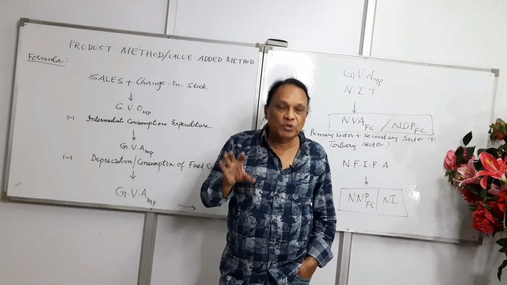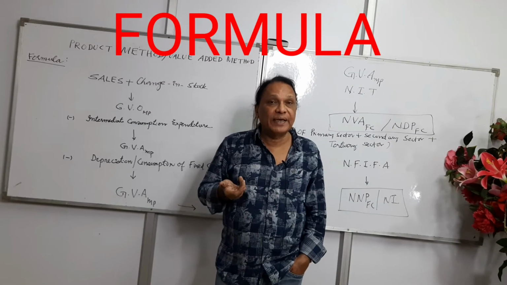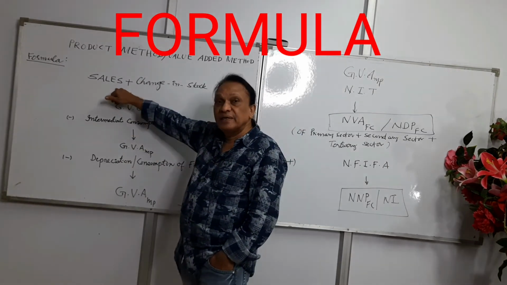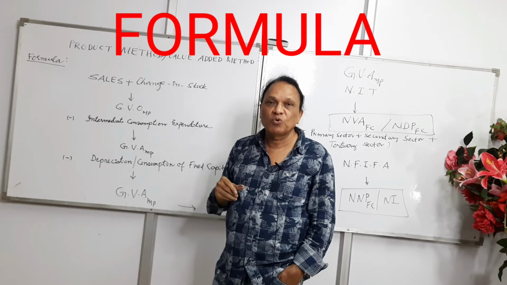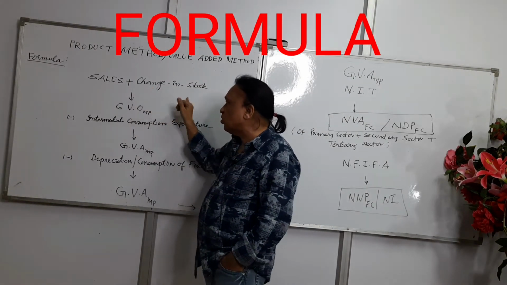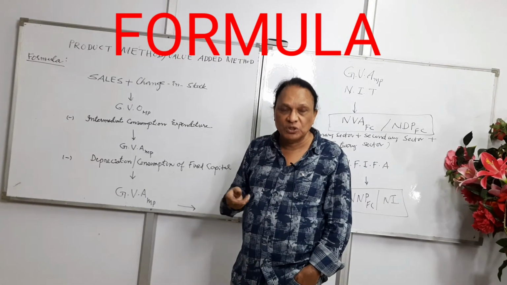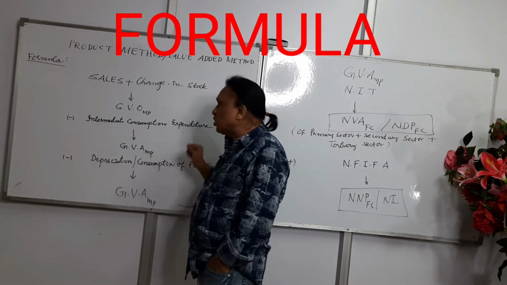In case they give you domestic sales separately, please don't forget to add exports. If you have only sales, then don't take the value of exports because they have already been included in the sales. So the first one is sales plus change in stock will give you gross value of output at market price, GVO at MP, minus intermediate consumption expenditure.